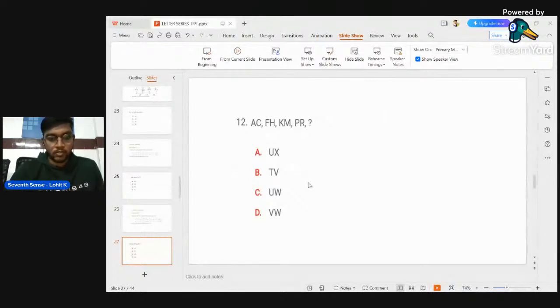D is what? That is VM, right? Okay, so VM you're saying. VW is correct. Someone is saying B here. You have already done this question.